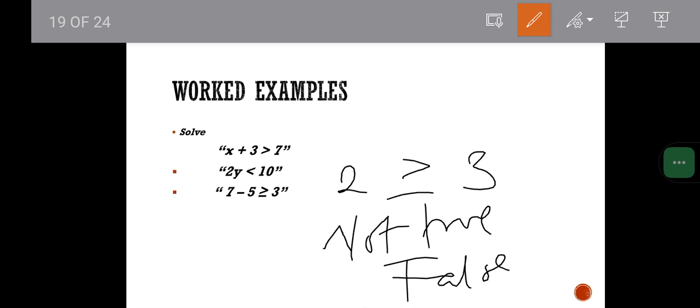Why is it false? Because 2 is not greater than, neither is it equal to 3. Therefore, that equation is a false equation. We term it a false equation.